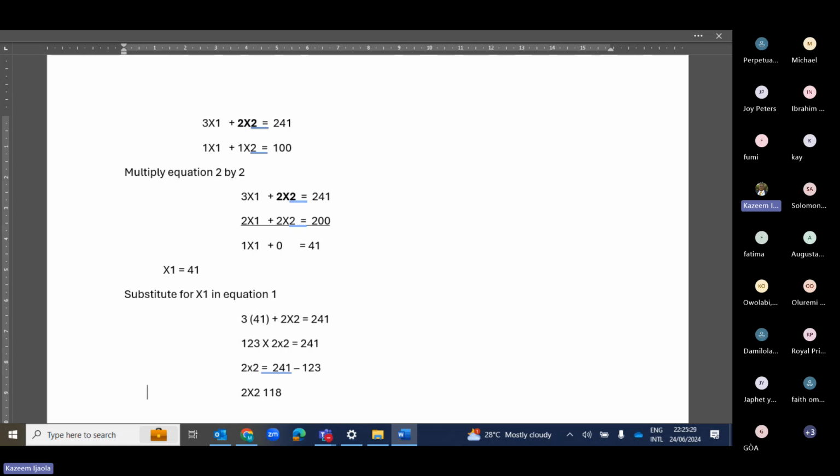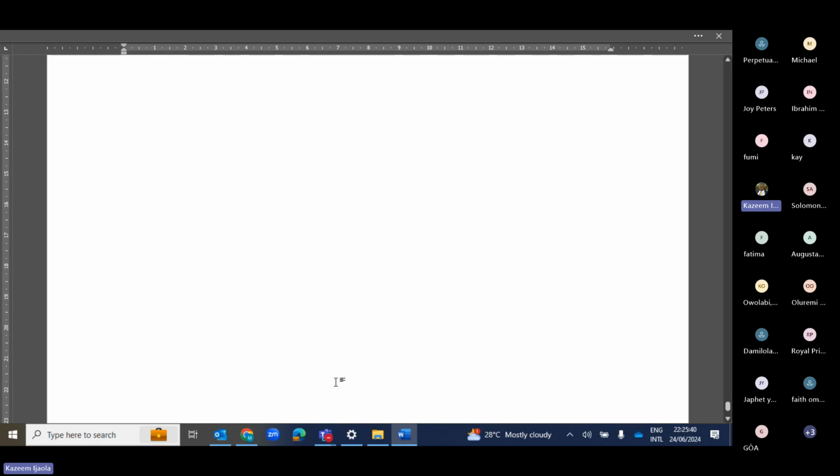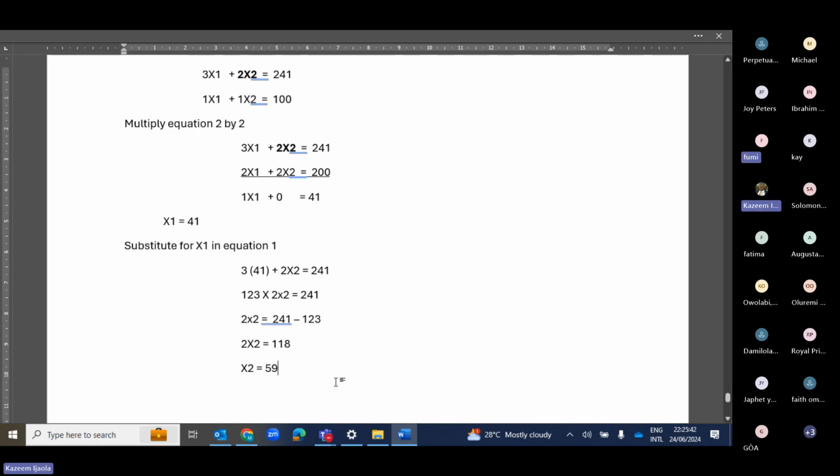So what's my x2? That's 59. Use this to calculate your new objective function.